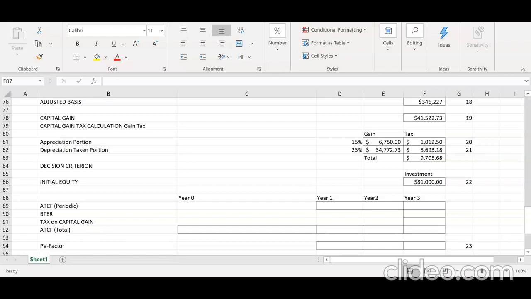To calculate the present value factors, I used its formula. To calculate present value benefits, I multiplied the after-tax cash flows by the present value factors. To get the total present value, I add the present value benefits and the initial investment. To calculate the NPV, I use the NPV Excel function, and to calculate the IRR, I use the IRR Excel function.